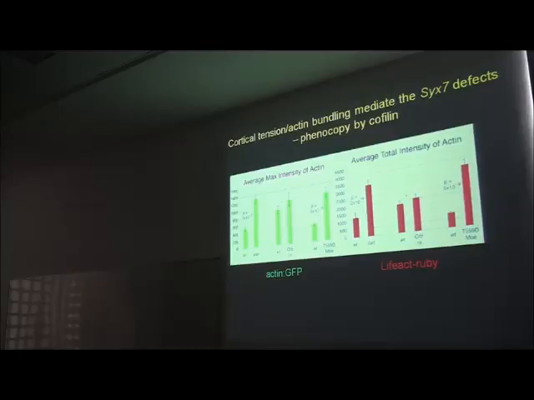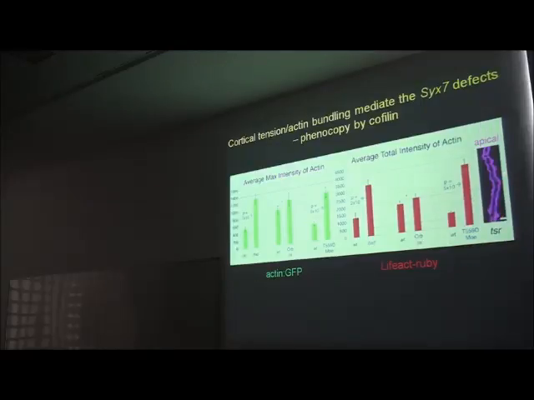Remind us, life act has a special feature? It binds to actin. Right. Actin GFP has some gain of function phenotypes, so it's maybe not the best marker to use to follow actin. So we also repeated this with life act, which is non-lock signal. Right.